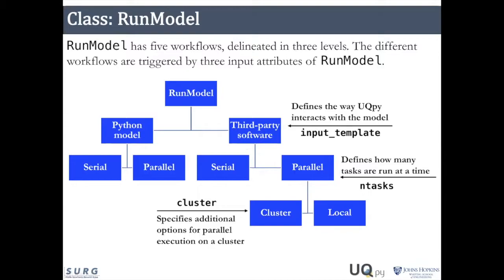Finally, in the parallel execution case of the third-party software workflow, there is an additional parameter called cluster, which specifies additional options for parallel execution on a cluster, if running on a cluster. By specifying these three input attributes when RunModel is called, we can select different workflows of RunModel. Each of these will be explained in detail during this presentation.